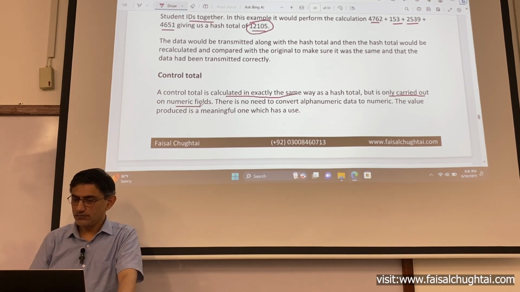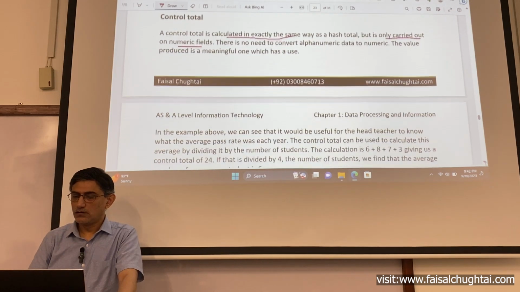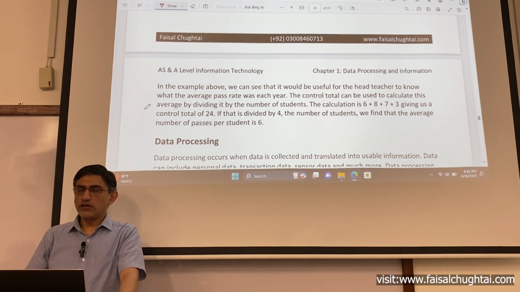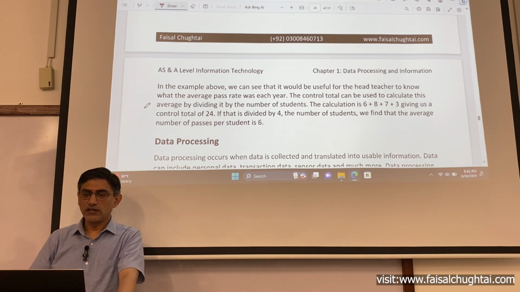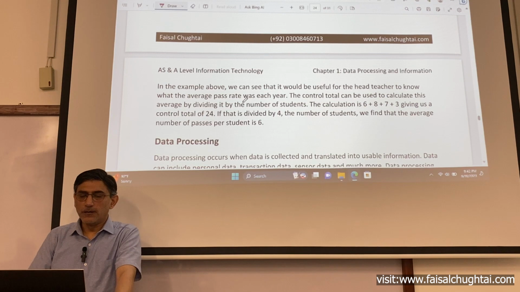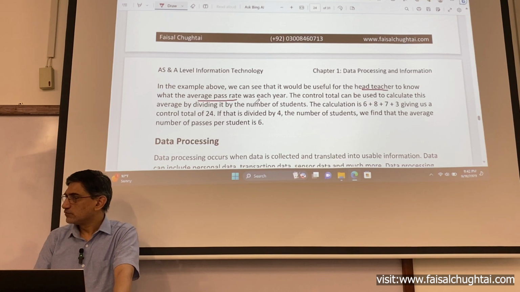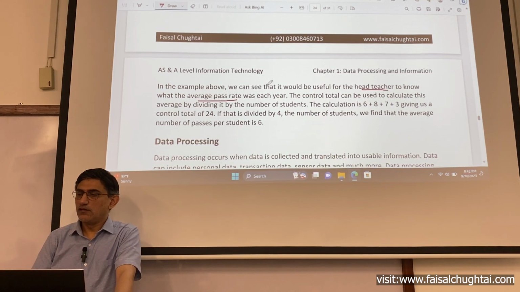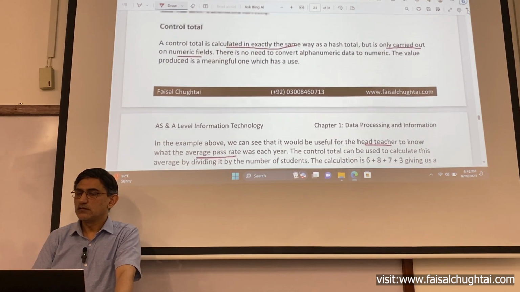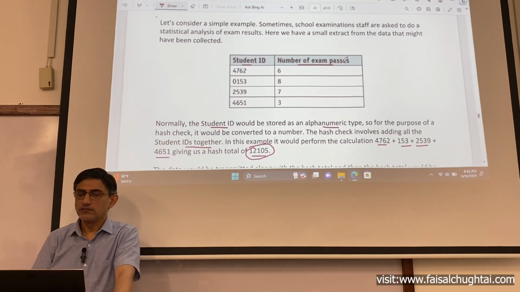And how would that be? Let's see. So if we look at the example above that we just looked at in the case of hash totals, say for instance, the head teacher wants to find out the average pass rate for the students based on this data.